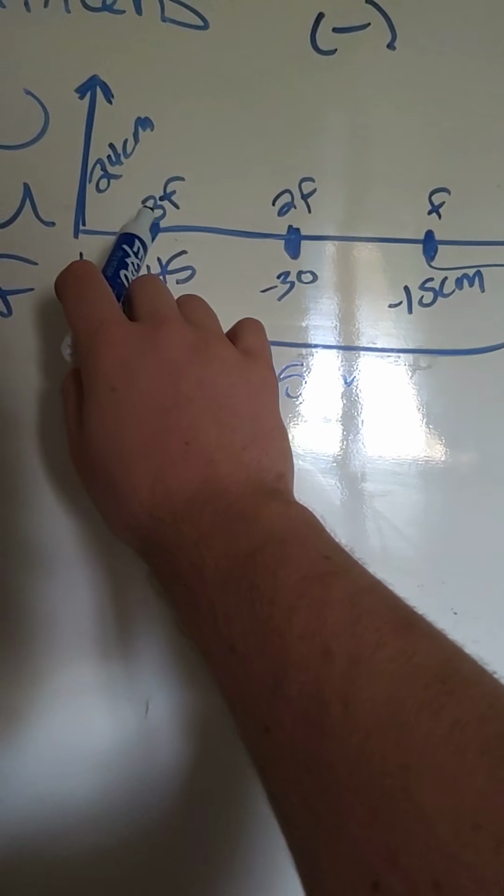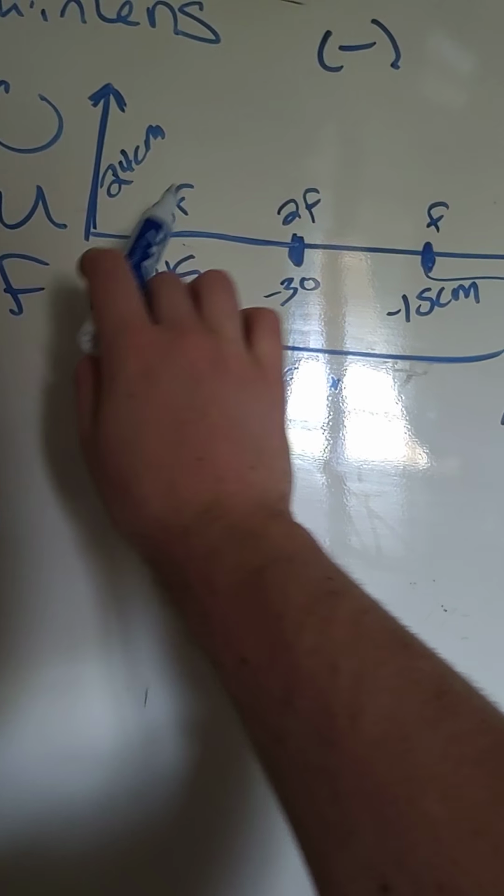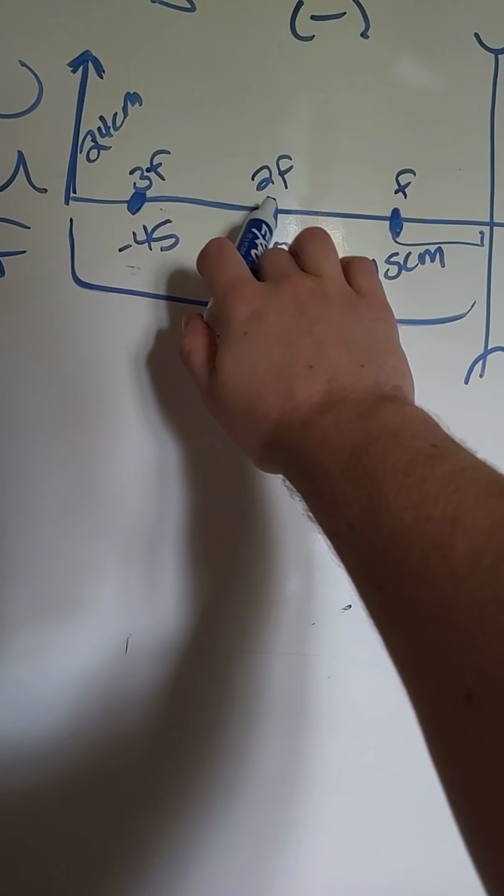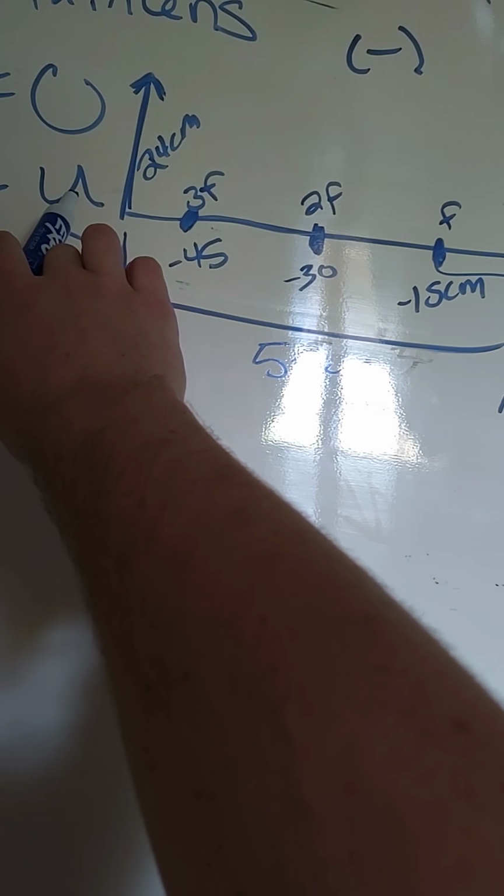We know each of the F's here because each of these counts; it's double the focal length, triple the focal length. The fourth, quadruple the focal length, is going to be 60, so on and so forth.